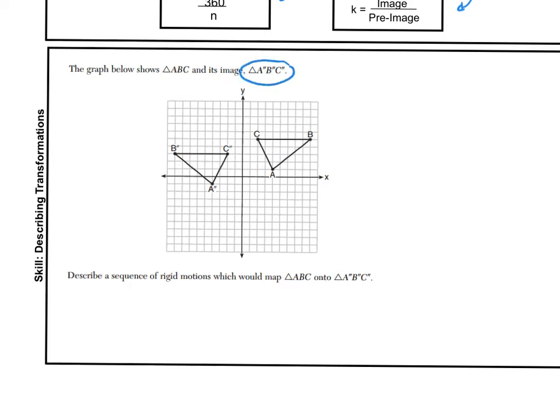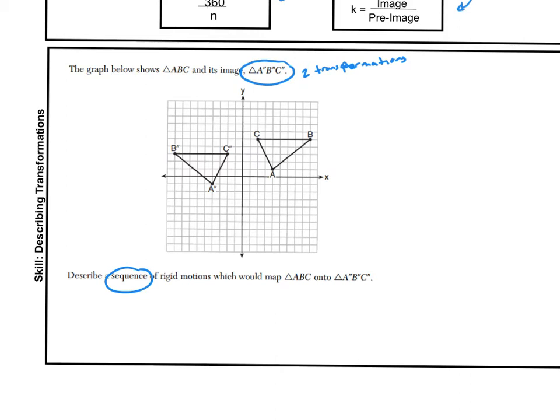And those double primes mean there's two transformations, right? Because there's two primes. Describe a sequence of rigid motions which would map triangle ABC onto A double prime, B double prime, C double prime. And remember, a sequence also tells us that there was more than one transformation. Now, as I told you, there's an infinite amount of possibilities you can come up with.